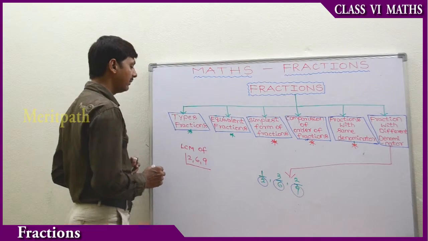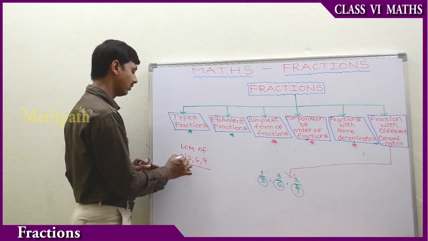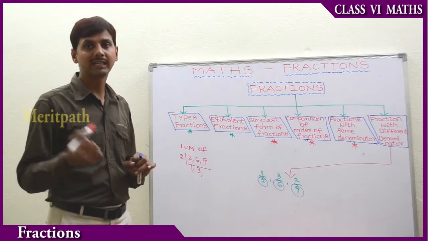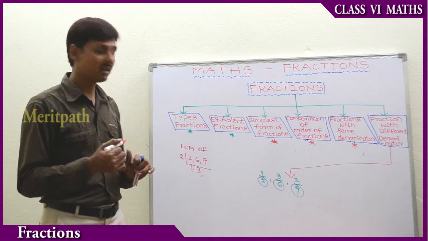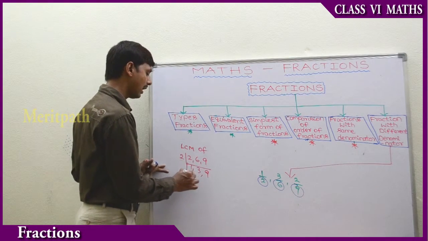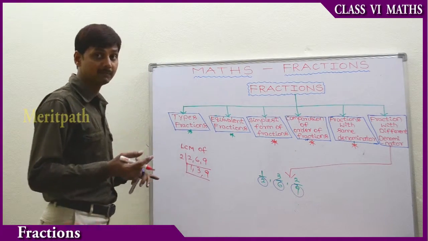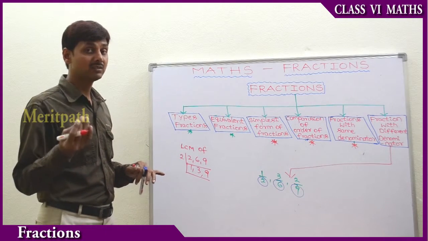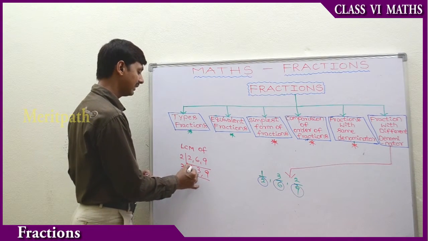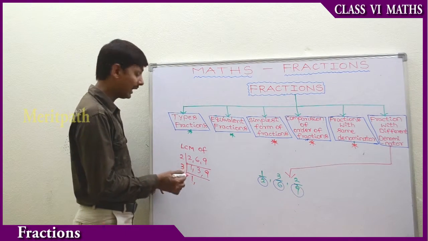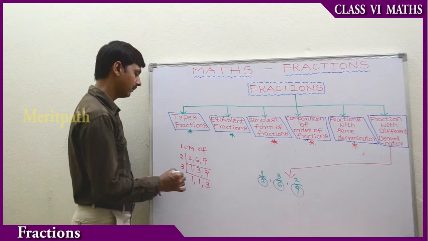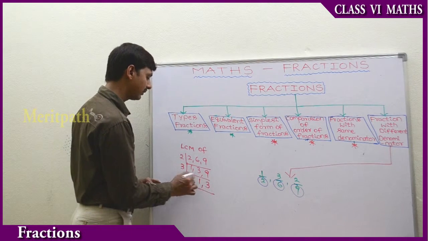So I will get 2 first. Let us take 2. We have learned the process of taking the LCM in previous classes. That is 1 time, 3 times, and this will not cancel 9. So 1, 3, 9 do not come in the 2 table. Let's go to the next number, 3. We take the same one because it doesn't go in that. In the 3 table, 1 time this and this 3 times. Let's take 3 again because there is a 3 here.